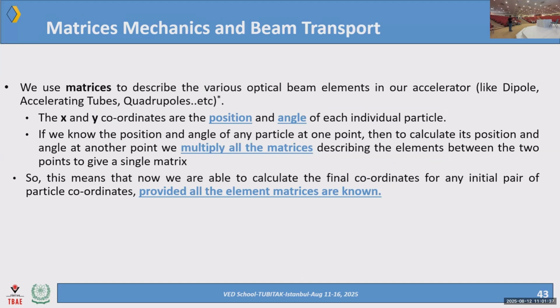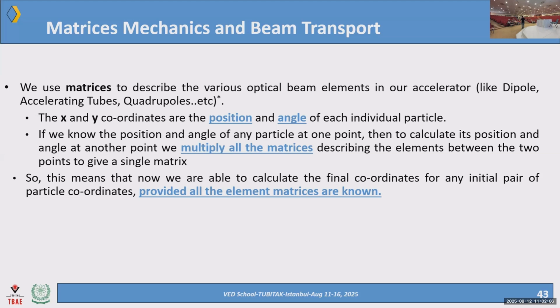Matrices are the backbone of the beam transport. We have vectors, and we multiply that state vector with every matrix that would come along in the path of the transportation. In fact, we define a distinct, unique matrix for every part of the machine.